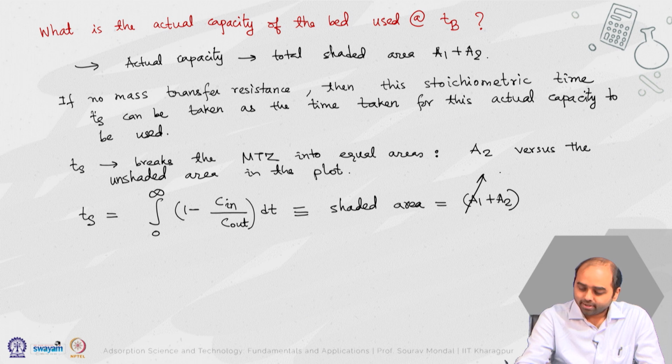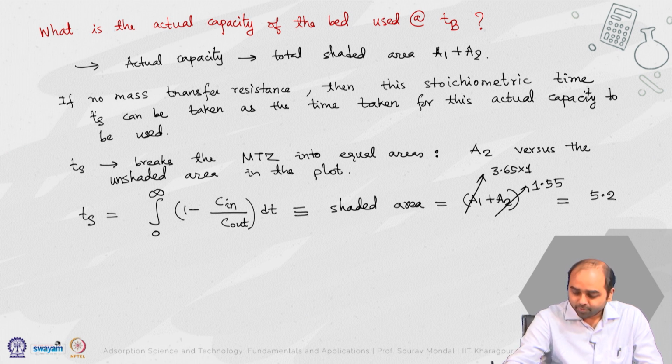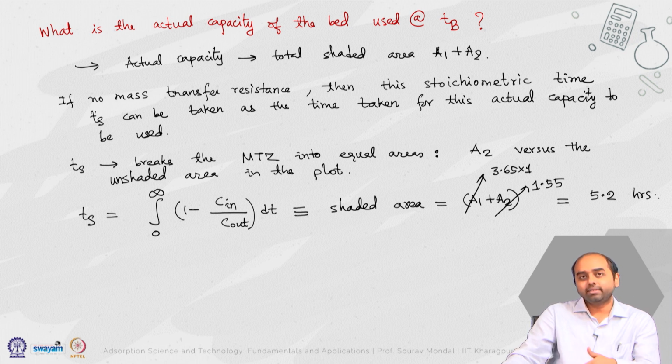So, this area A1 is 3.65 into 1, and if you work out from this profile the area under the curve on the other side, this would be 1.55. So, this total gives you a value of 5.2 hours. So, this is the capacity of the bed, or the equivalent time it needs to attain this actual capacity.